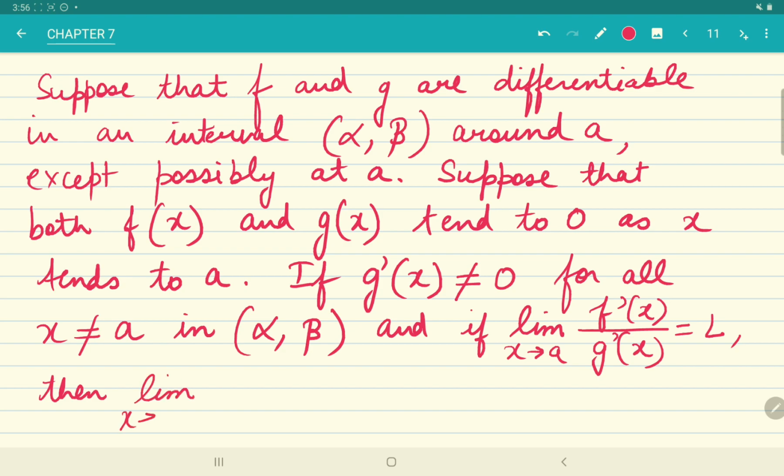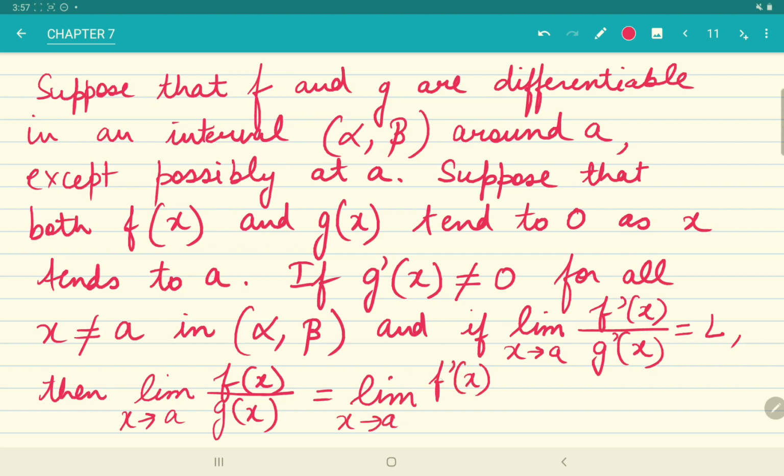Limit x tending to a of f of x by g of x is equal to limit x tending to a of f prime x by g prime x, and this is equal to L.